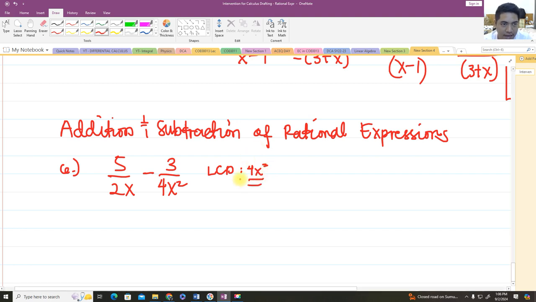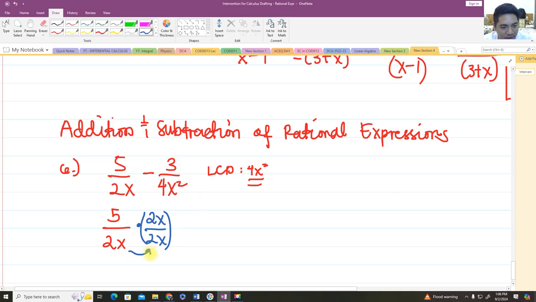So if you first determine the LCD, you now have 5 all over 2x. What we are going to do is to make that denominator look like the LCD. So we're going to multiply this by 2x all over 2x, which is simply multiplying by 1, because 2x all over 2x is just 1.